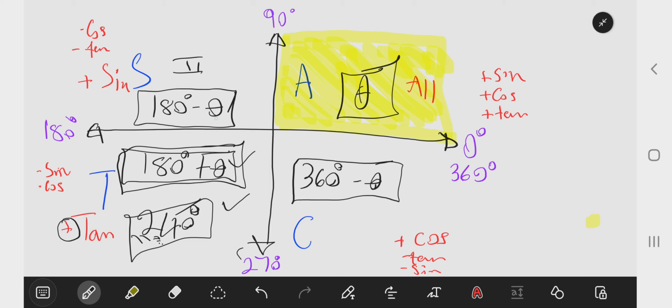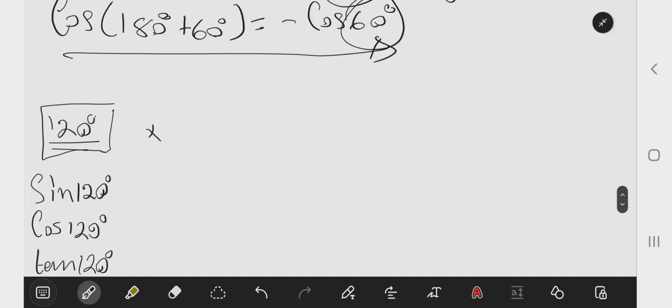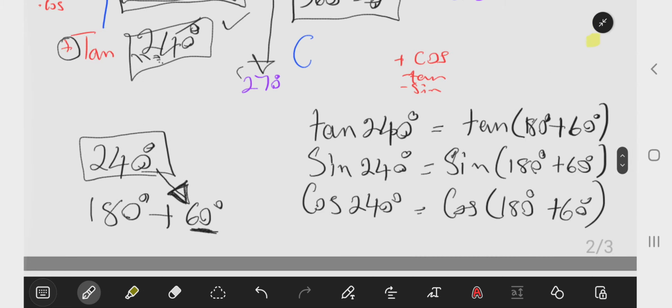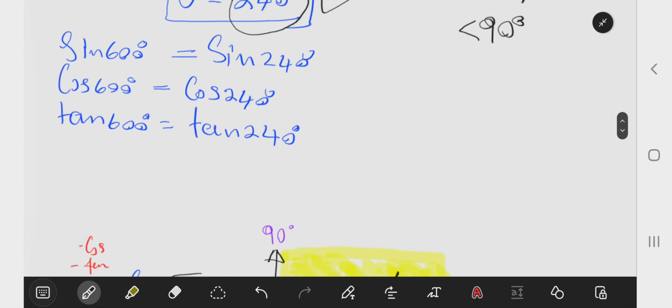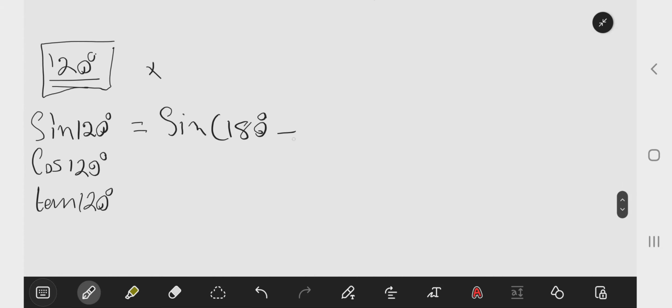We use 180 minus that theta, okay? So now I would say this is equivalent to 180 minus a specific angle, right? Because this is what the reduction formula is telling me. Minus a specific angle for me to get that 120. Then I'll have to minus 60, right?